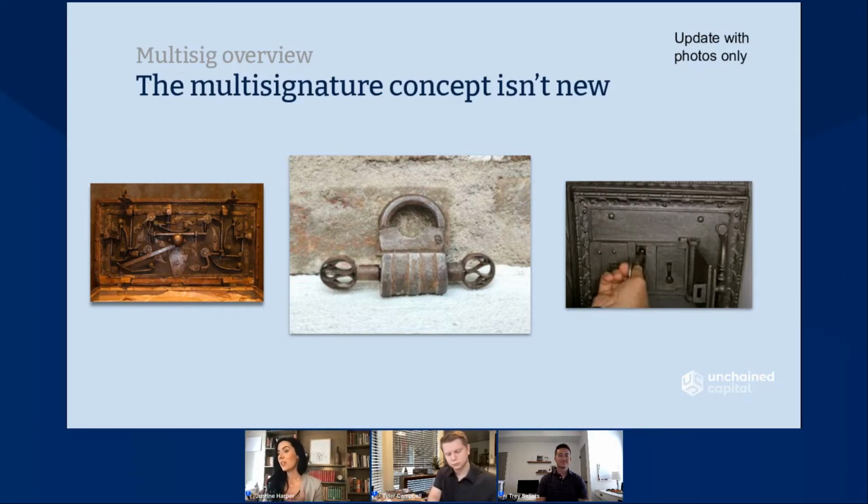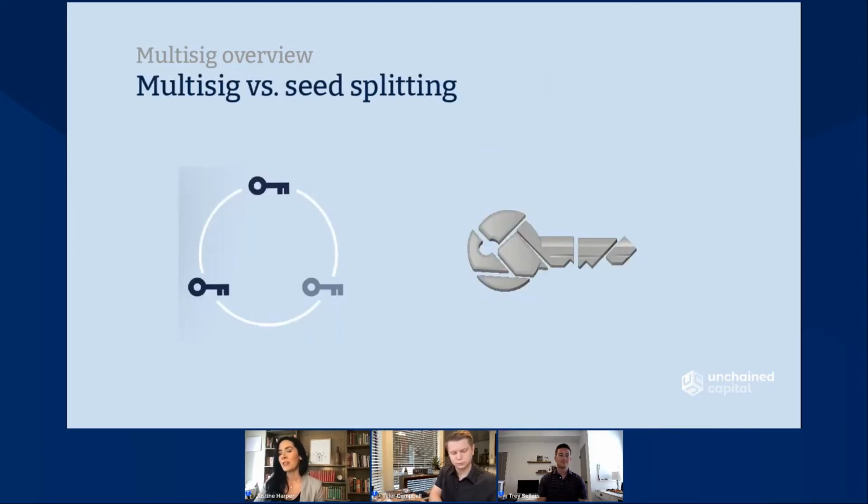So with that being said, let's talk about something that comes up a lot, which is multisig versus seed splitting. Multisig is taking multiple keys and combining them to create an address, right? Seed splitting is taking one key and splitting it up.